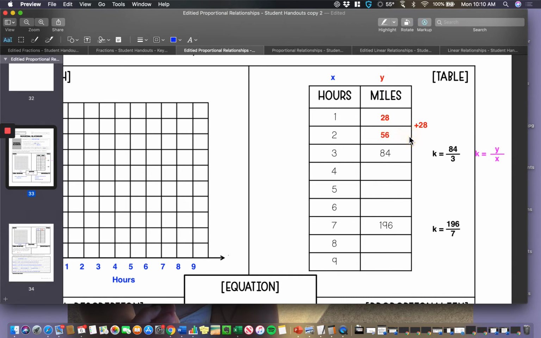Now you could keep adding in this process. Again, I could add 28 to my previous number of 56. So 56 plus 28 is going to give me 84.